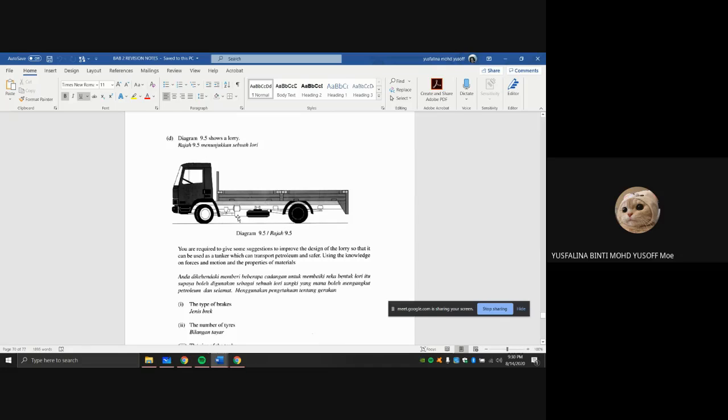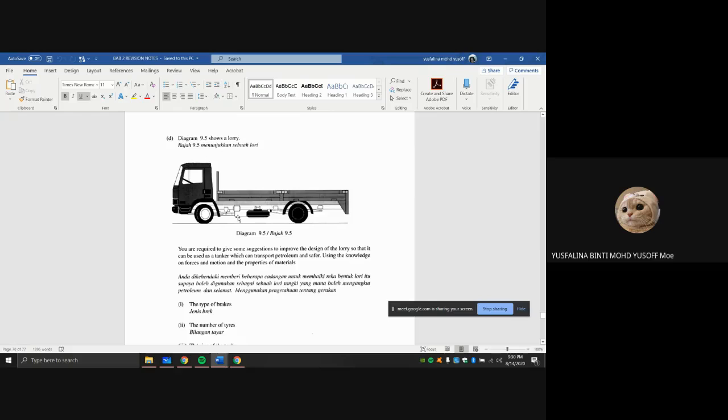The size of tanks. There are two possible answers. You can put a big tank, which means it can transport more petroleum. Or another one is to split the tank into small compartments.